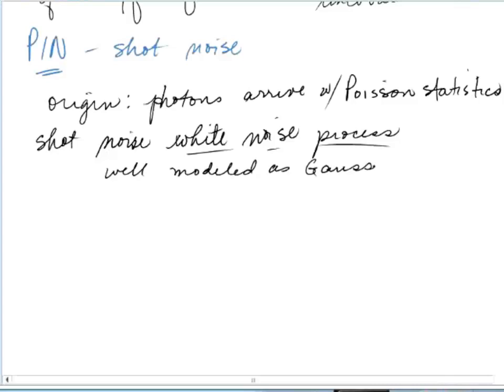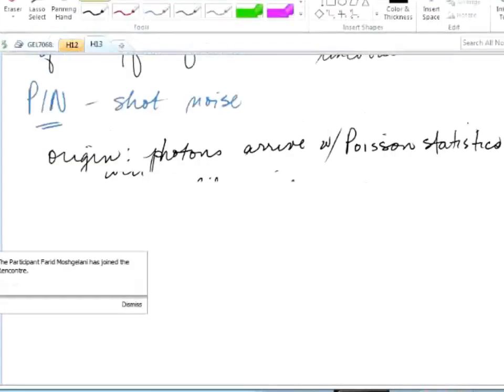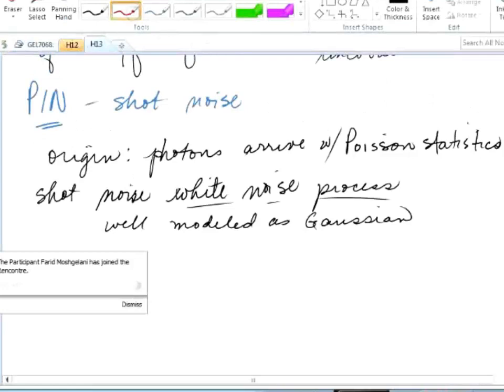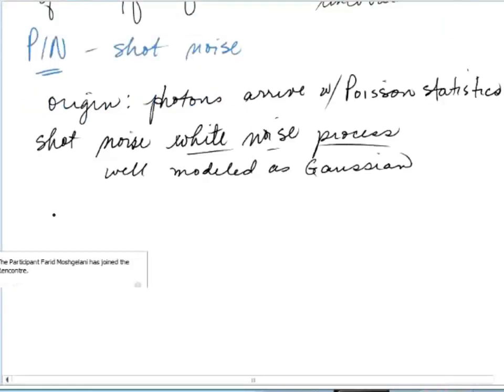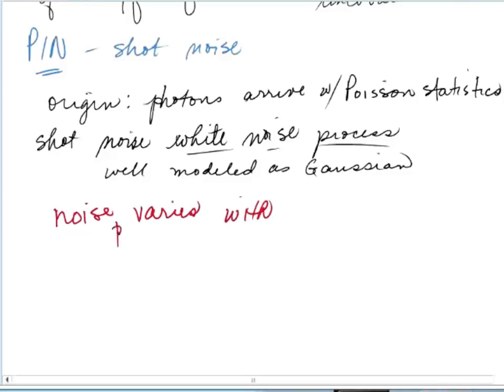So far it sounds very similar to the thermal noise, but there's a very important distinction, one that often distinguishes between radio frequency digital communication systems and optical communication systems: the noise power varies with input signal power.